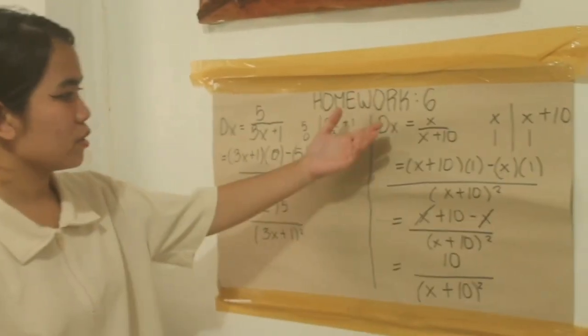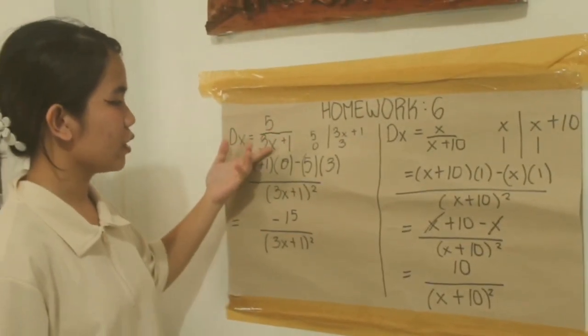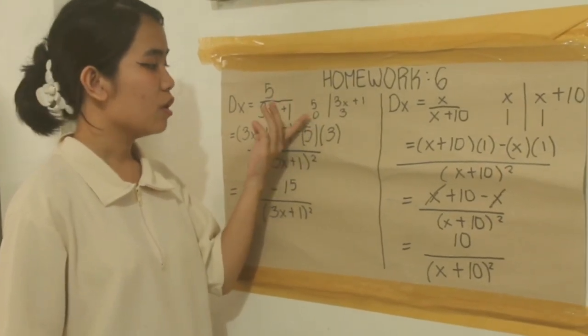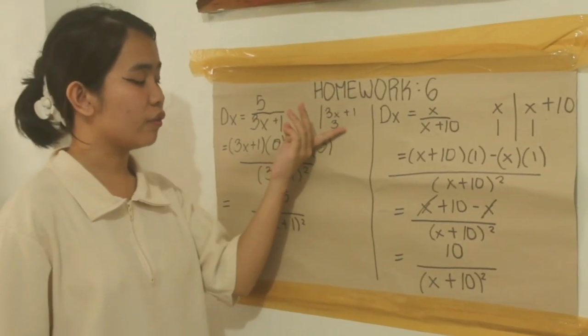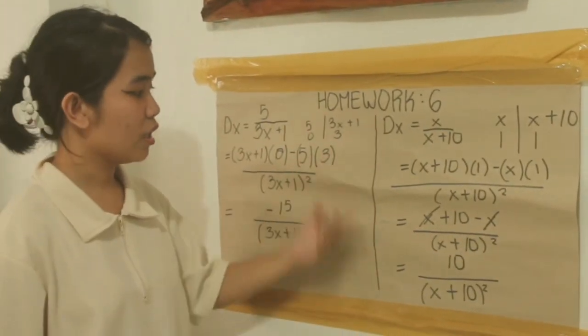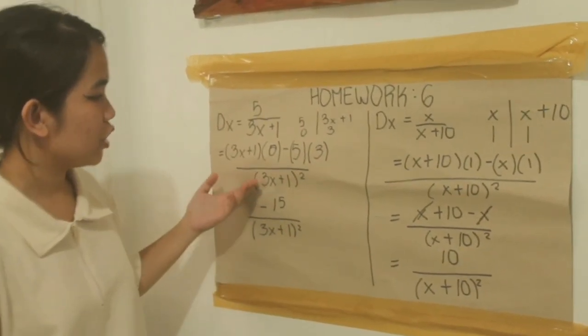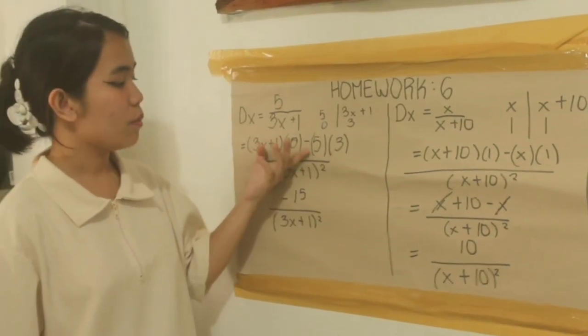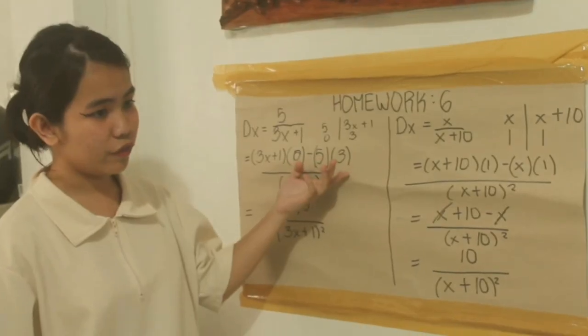So for homework 6, we have the given 5 over 3x plus 1. We both will have to get the derivative of both. So the derivative of 5 is 0, the derivative of 3x plus 1 is 3. So we will have to substitute it. This is the g(x) multiplied to the derivative of f(x) minus the f(x) and the derivative of g(x).